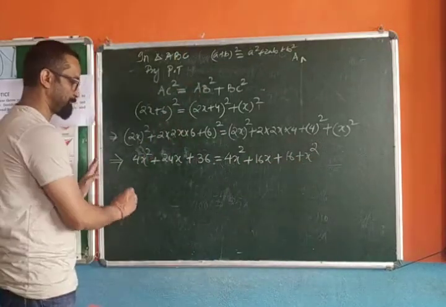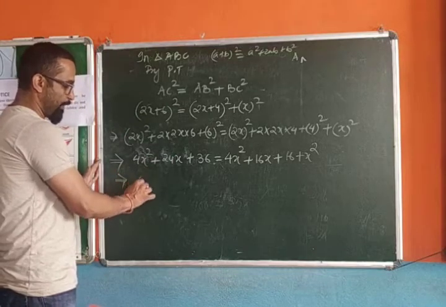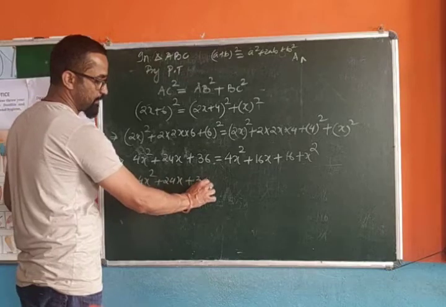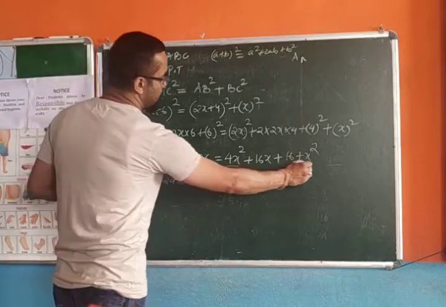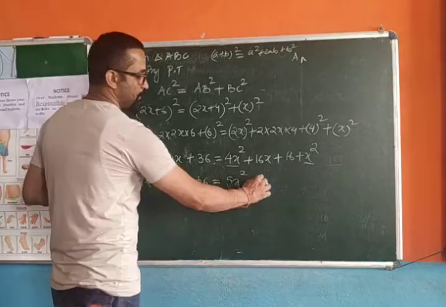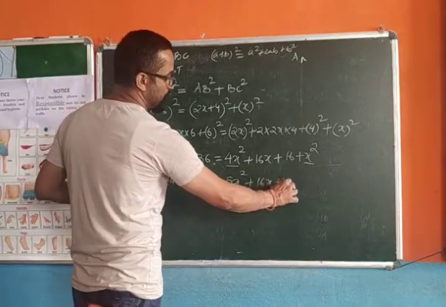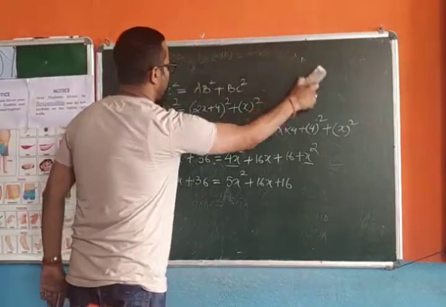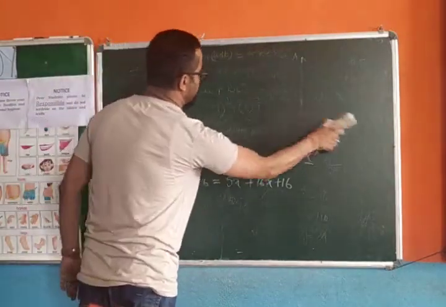Simplify this. 4x squared plus 24x, we write plus 36. Add the like terms. You get 5x squared plus 16x plus 16. After this, you have to get a quadratic equation.